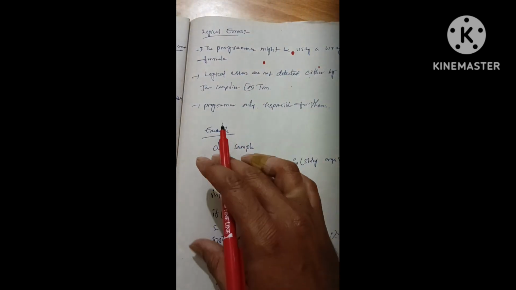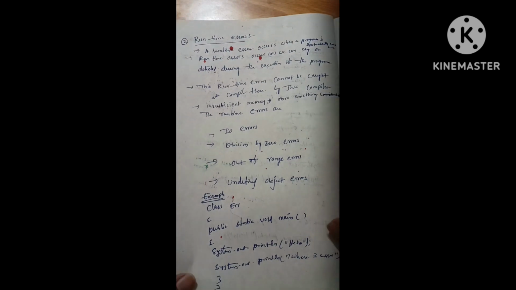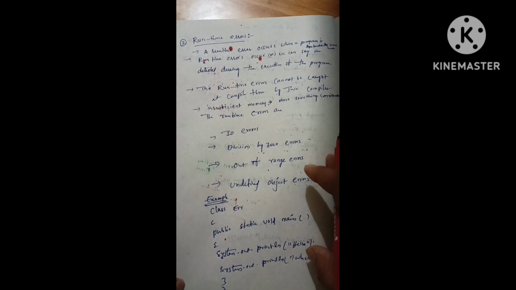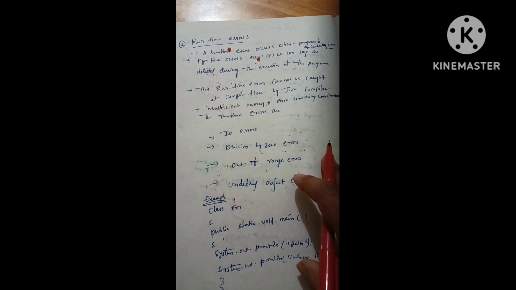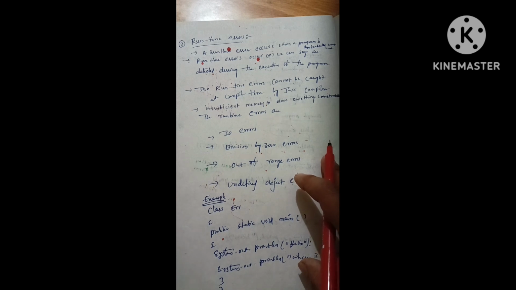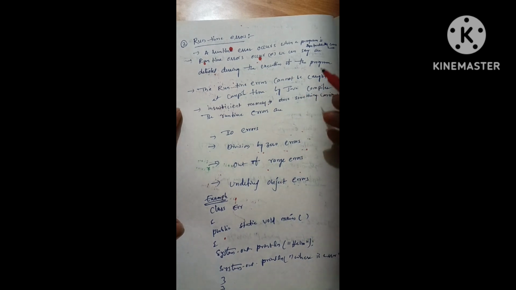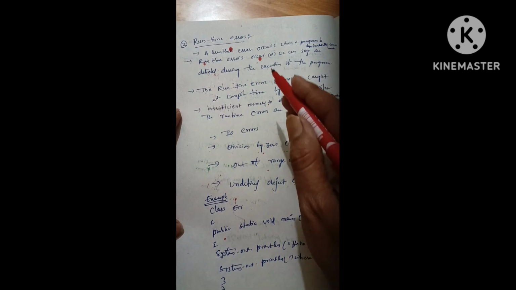Next are runtime errors. A runtime error occurs when the program is syntactically correct, meaning it follows the rules and regulations of the Java language. The program is right and compilation is done, but when it goes to execution, the errors occur. This type of error is known as a runtime error.